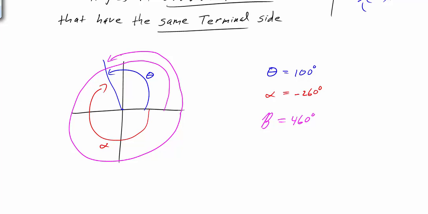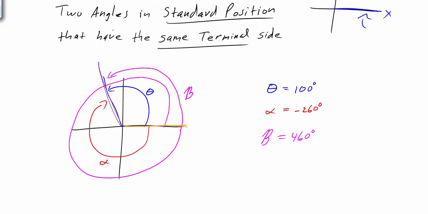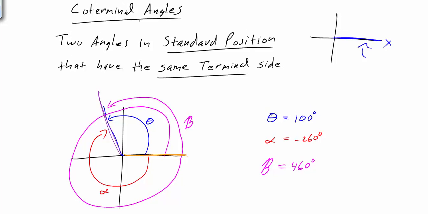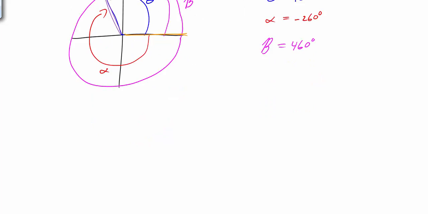So the angle beta is 460 degrees. Basically, these coterminal angles all start at the same position on the positive x-axis, but they all end at the same terminal side. That's what we mean when we define the angles to be coterminal: they have the same standard position and the same terminal side.